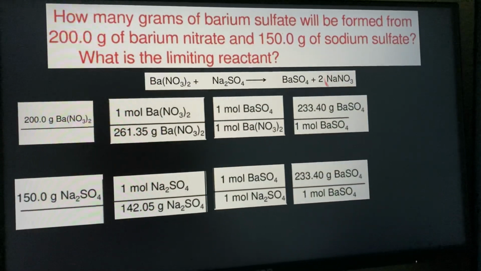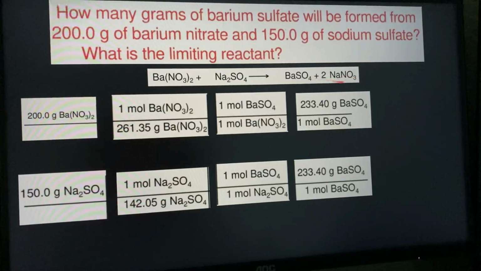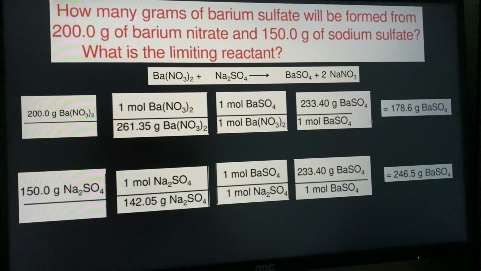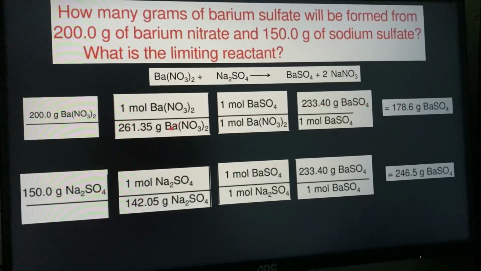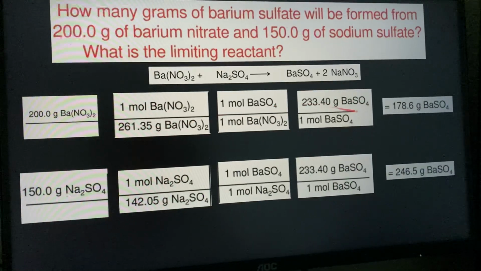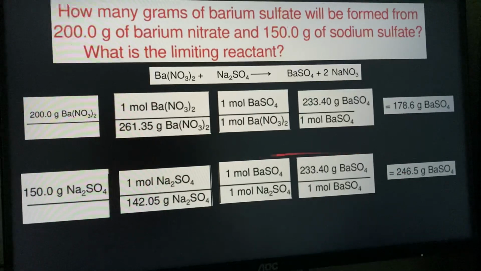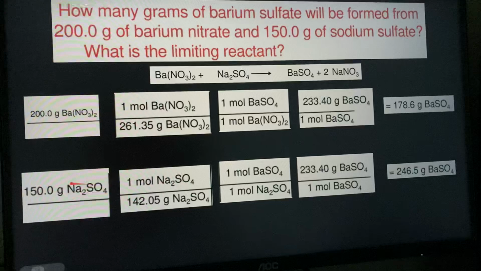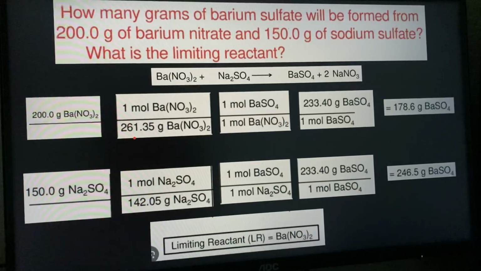You could also use NaNO3 if you wanted. It still shows which one makes less. As you can see, this one makes less, meaning that if these two were to react, it would only make 178 grams, and all the extra grams that the other could produce would not be used. Therefore, the limiting reactant is Ba(NO3)2.